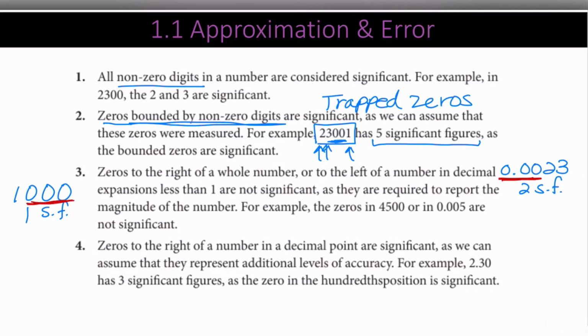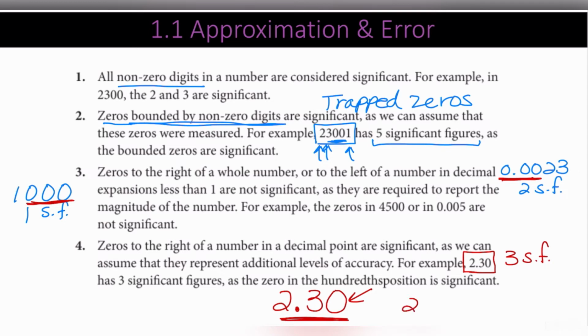Now, if we go to rule number 4, notice the number 2.30 is actually going to have 3 significant figures. Once you have non-zero digits, and there's a 0 at the end after a decimal point, there has got to be a reason why we add that there.